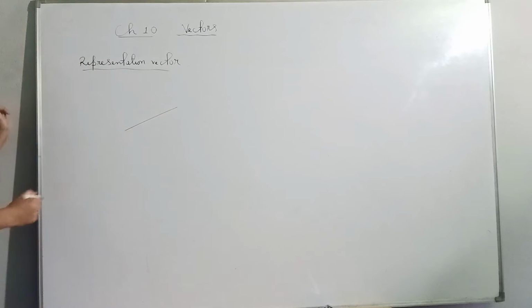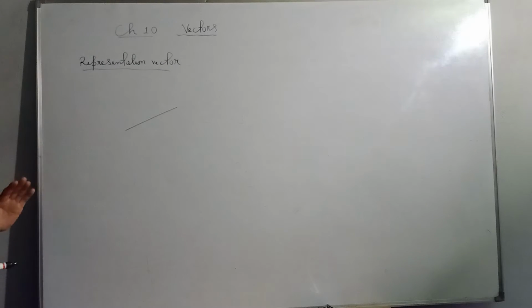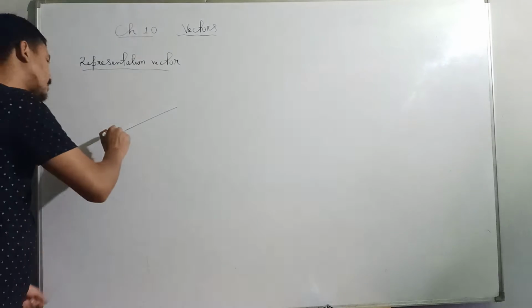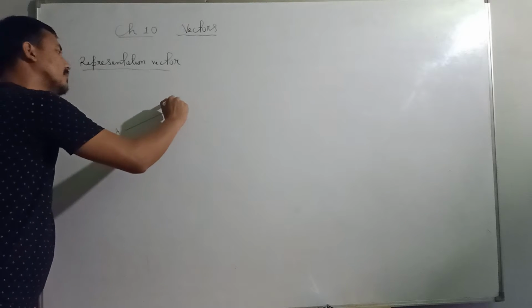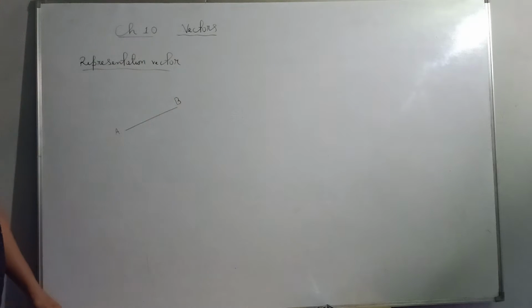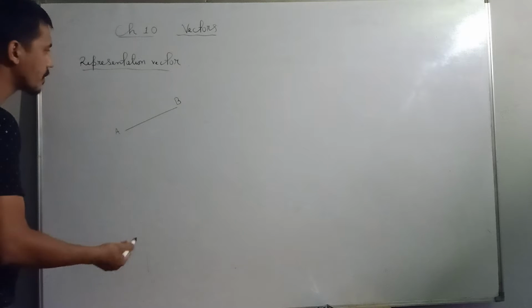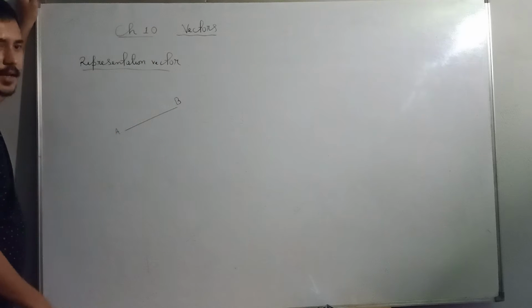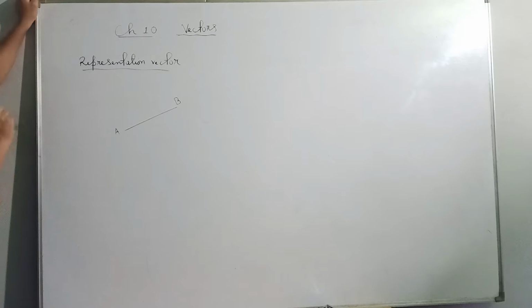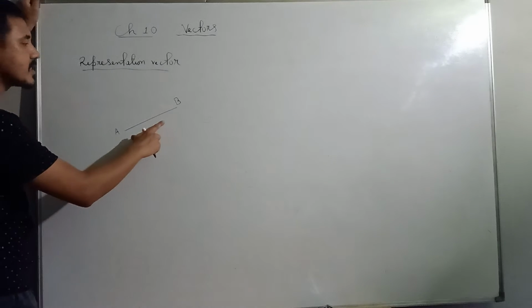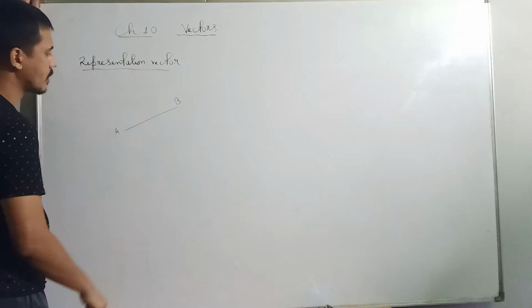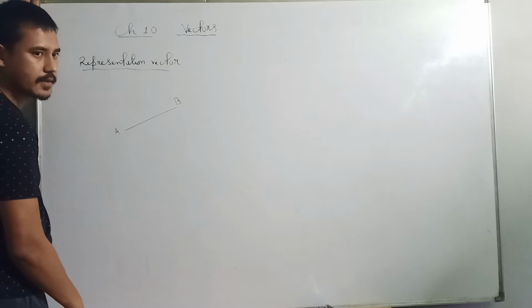What is this? A line. Name it as AB, the endpoints of this line. Till class 10, we studied that this is simply a line. But now we are going to study in this way. If it is a line, then where is it directed?